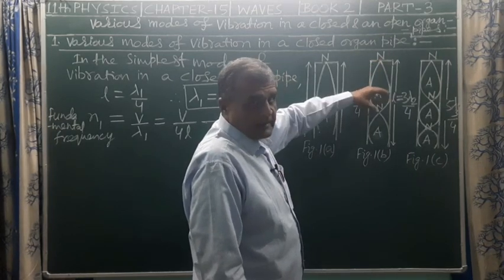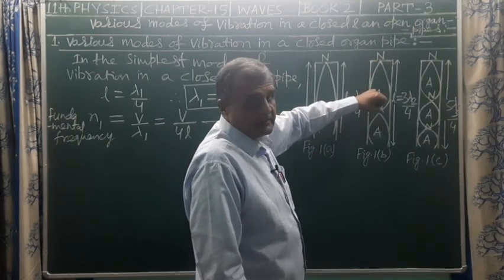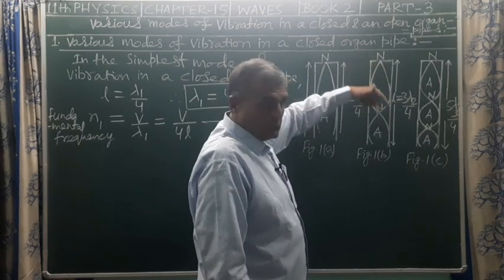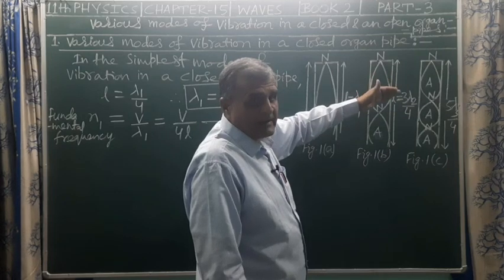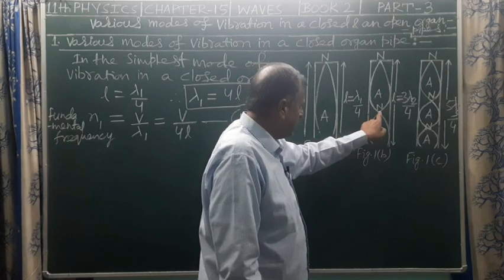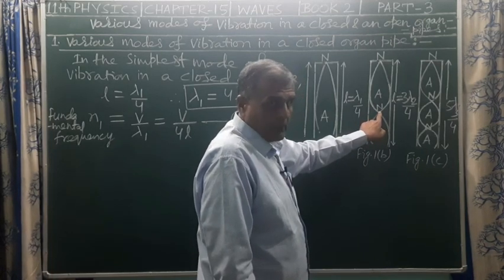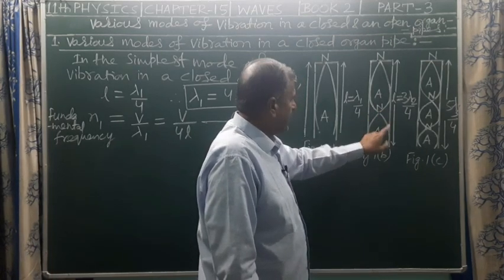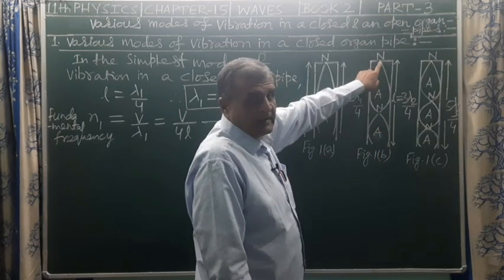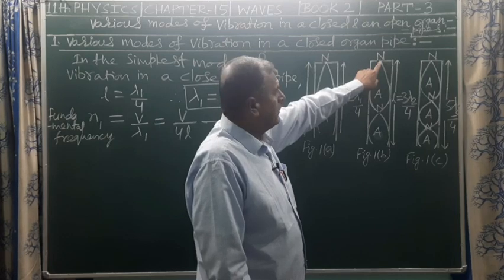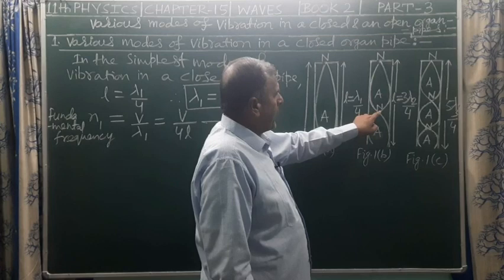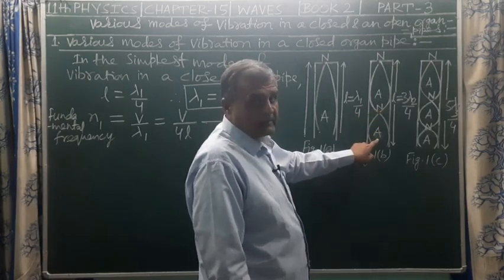So the distance between two nodes formed in the second mode of vibration inside a closed organ pipe is lambda 2 by 2, which we can write as 2 lambda 2 by 4, plus the distance between the node formed in the middle and the antinode at the open end.